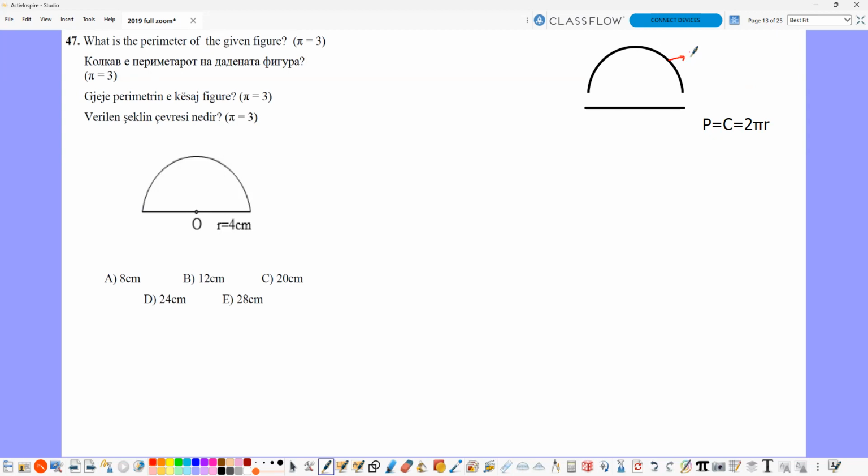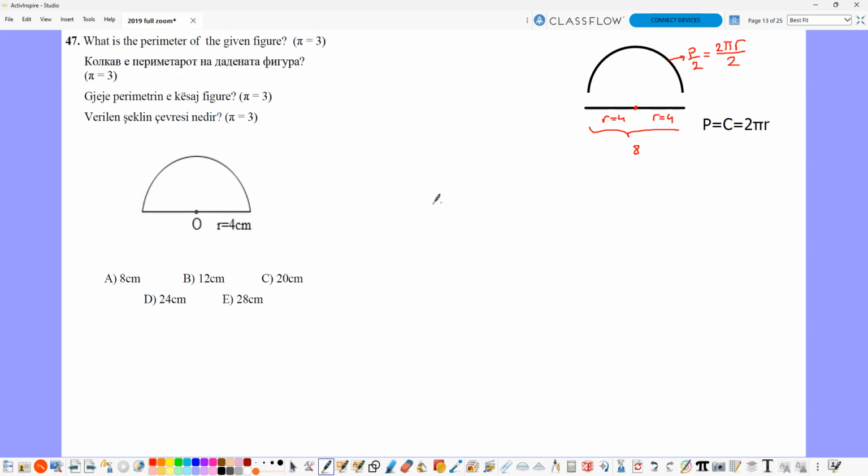Since this is a half circle, this is going to be equal to 2 pi r over 2. And then we have here the diameter, like the two radii, r is equal to 4 and r is equal to 4. So the total diameter is going to be equal to 8.